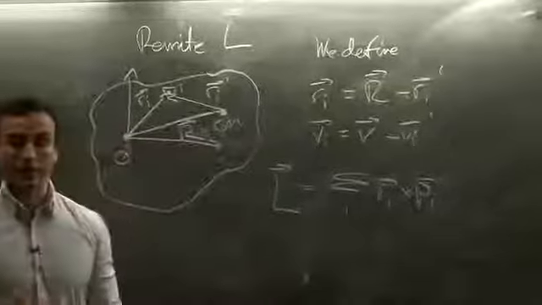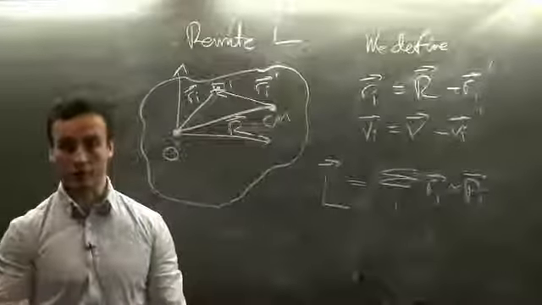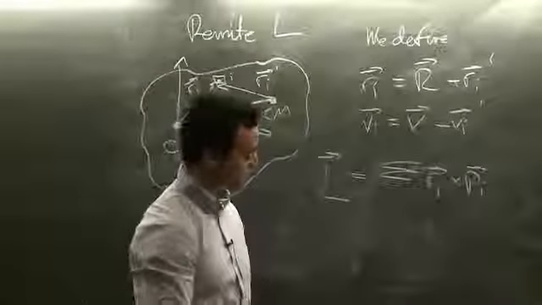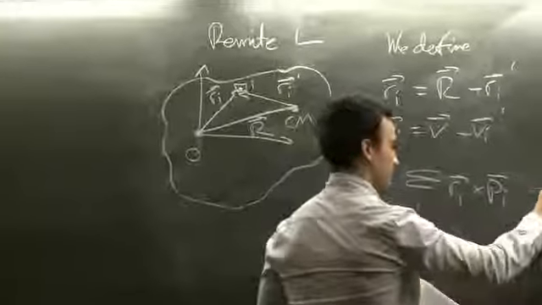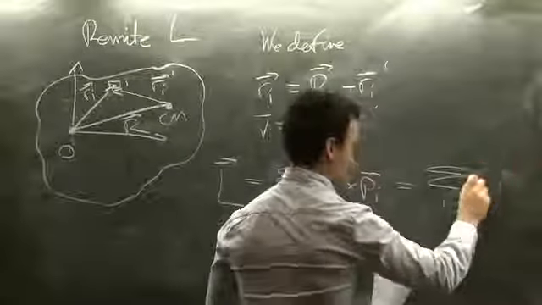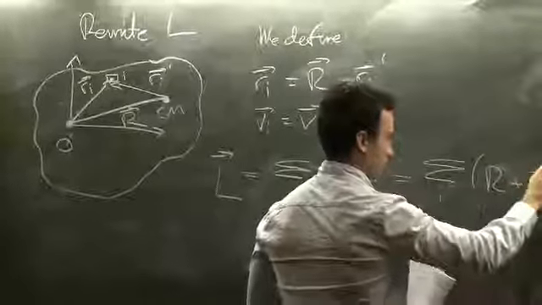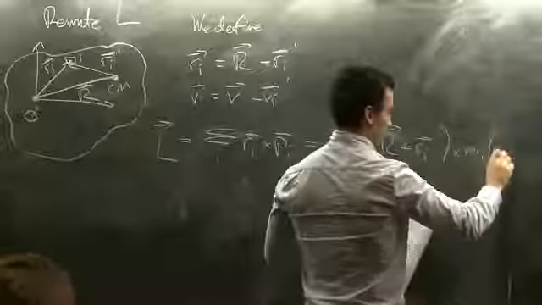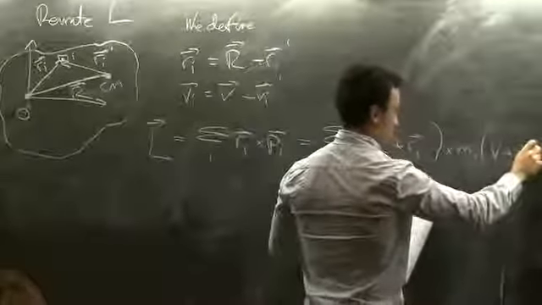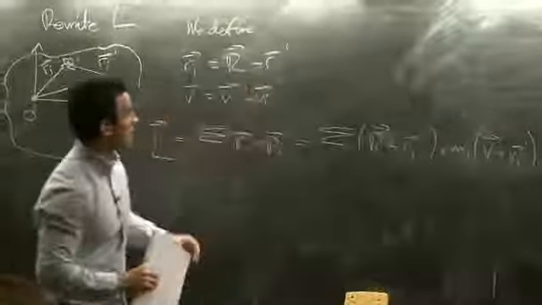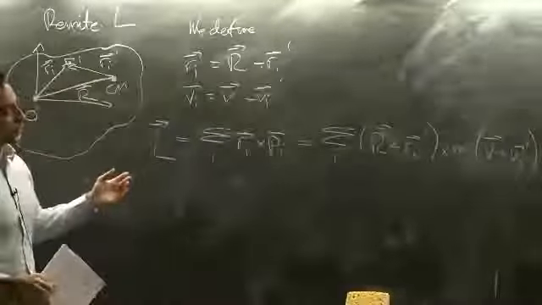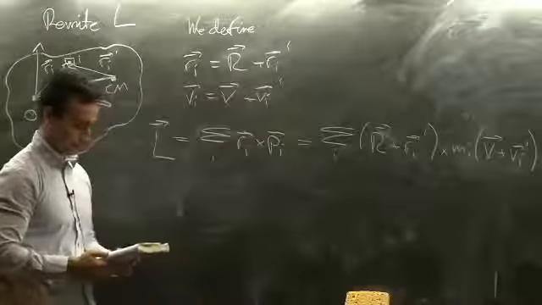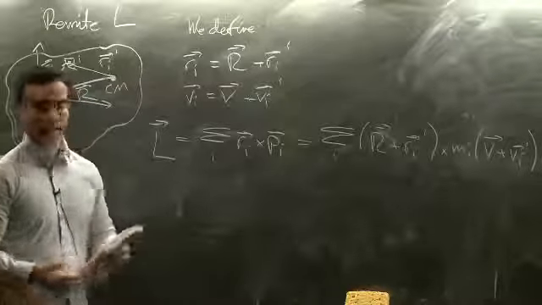We start out again with the general definition of the total angular momentum in the system, just the sum over all the angular momenta of each particle I. Using these definitions, I can rewrite this equation like this. So I get 4 terms.